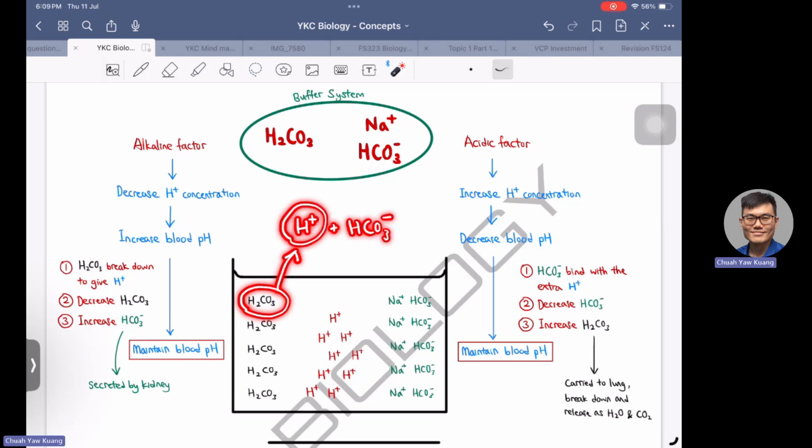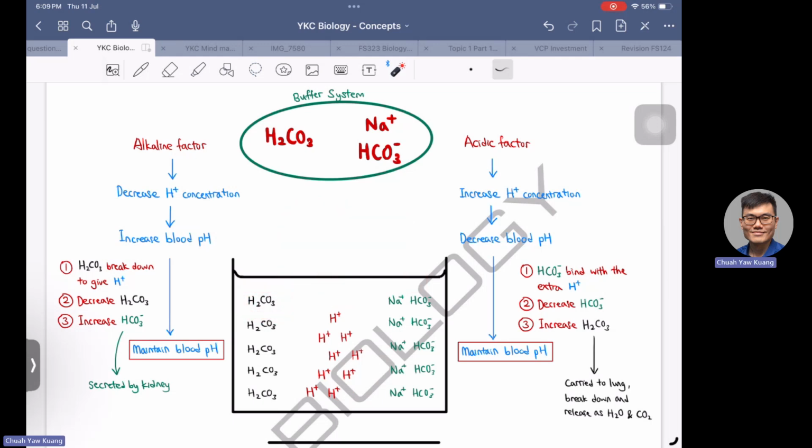So this hydrogen ion will be the one that will be replacing the hydrogen ion that is decreasing, while this bicarbonate ion will be the excess one.